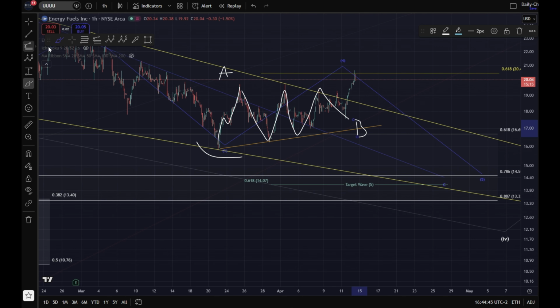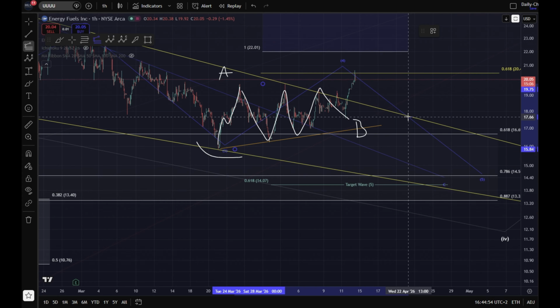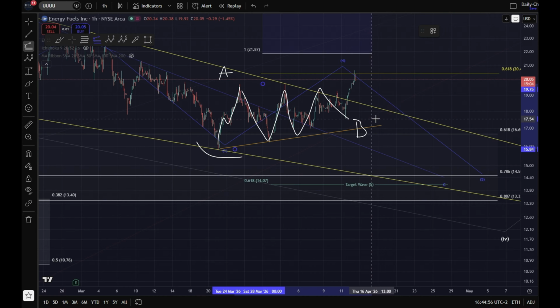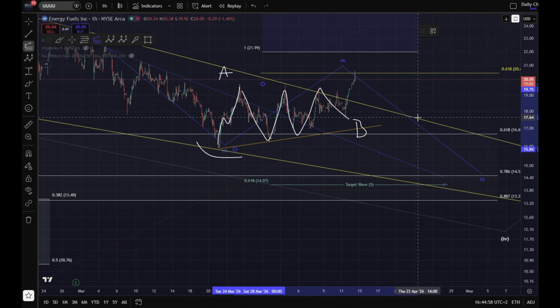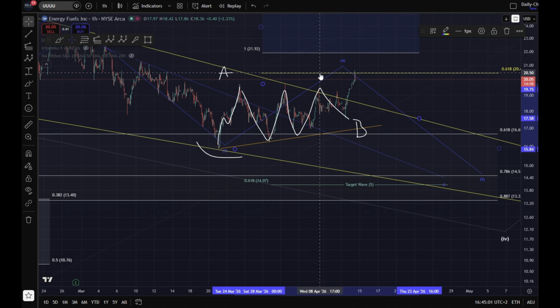Let's measure the target. If this is an AB structure, then we're looking for a C wave with an ideal target. So we go here to the low of the B wave. So the ideal target here for this AB structure, ABC, for the C wave would be at $21.92.